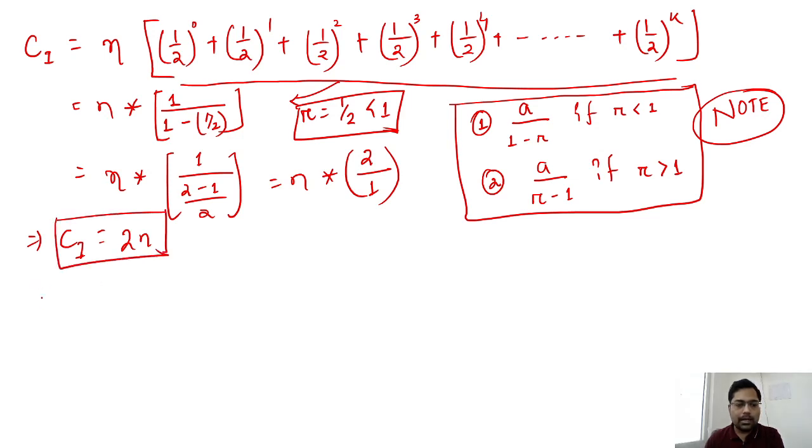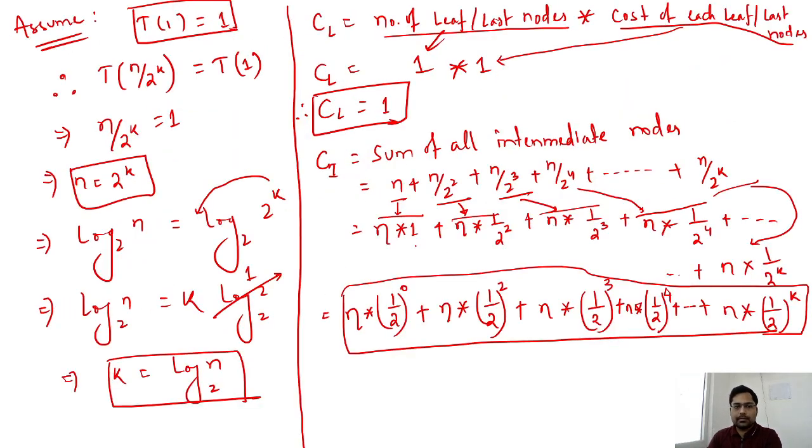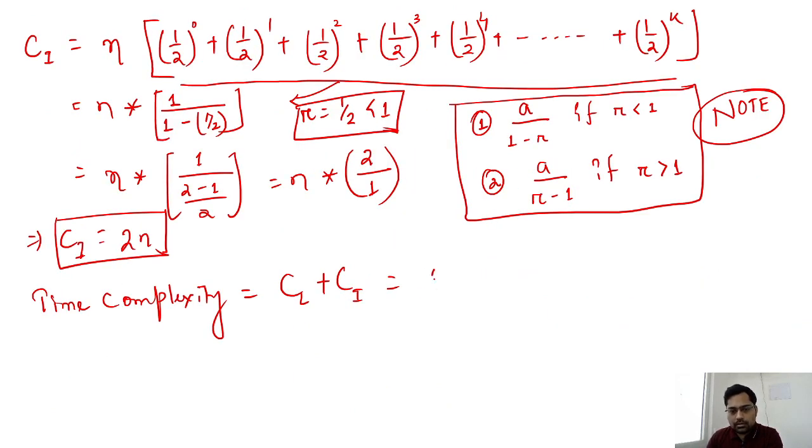Now time complexity. Time complexity is cl plus ci. Cl is constant that you found, it's just a constant. Ci is 2n. So the time complexity will be n you have written.